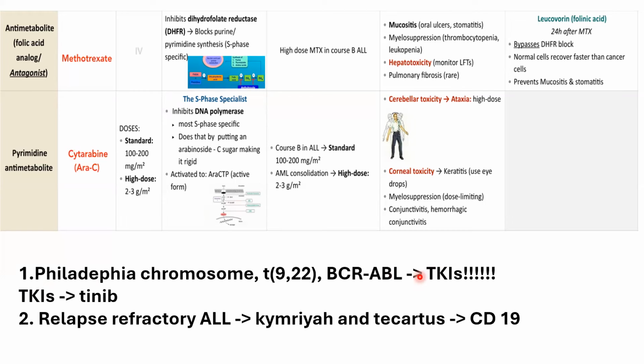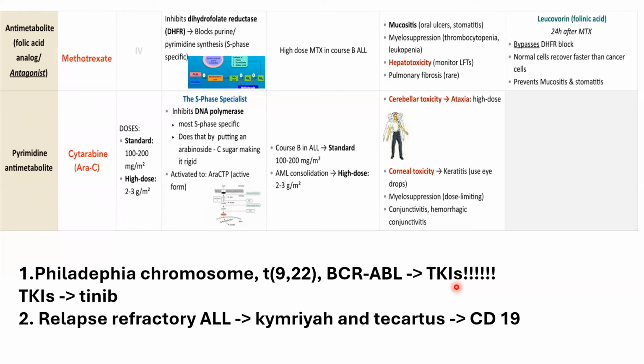It's always a tyrosine kinase inhibitor, which is any drug that ends in -tinib, okay? And if you remember from the other lectures, most chronic myeloid leukemias or CMLs are BCR-ABL positive, so that's why the treatment for CMLs is always tyrosine kinase inhibitors. Always, because in CML there's always this mutation.